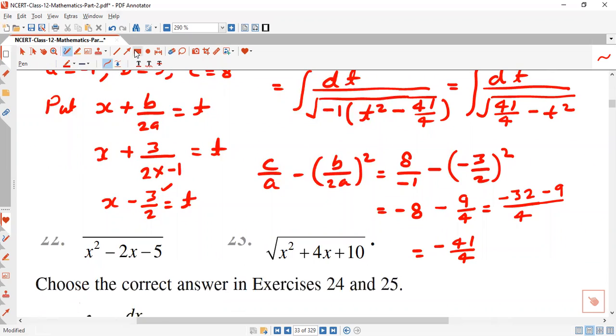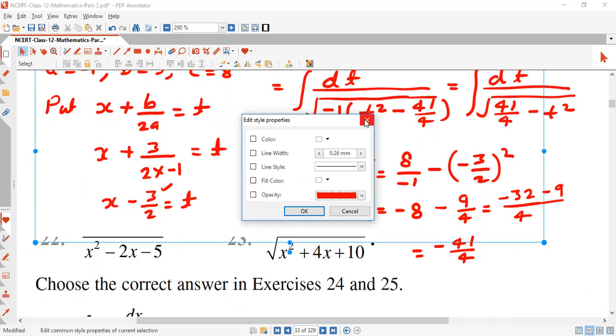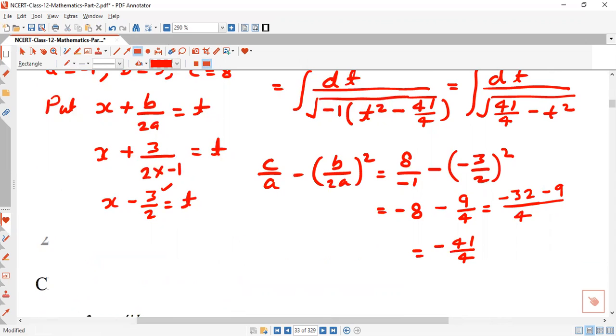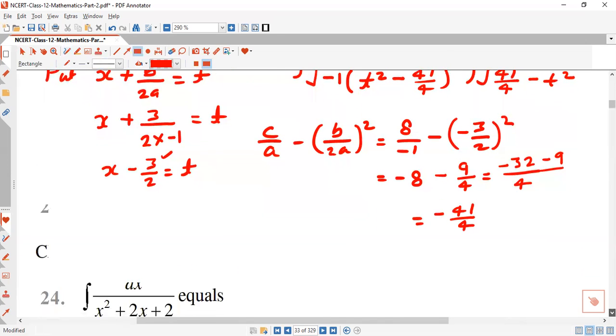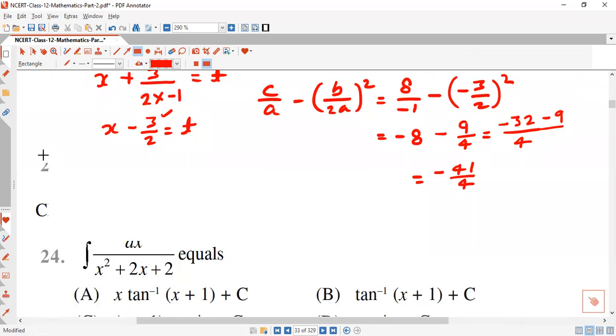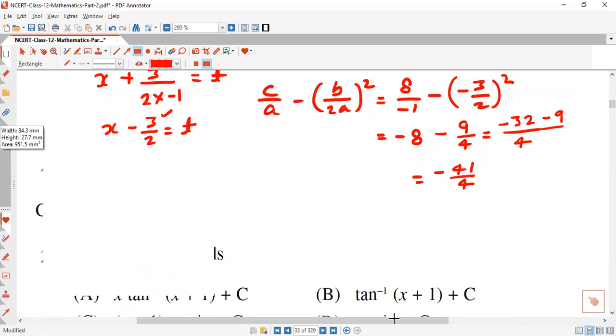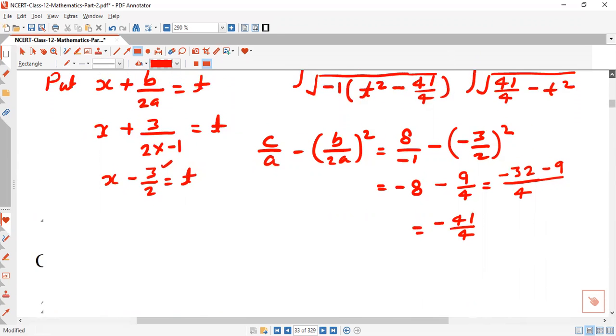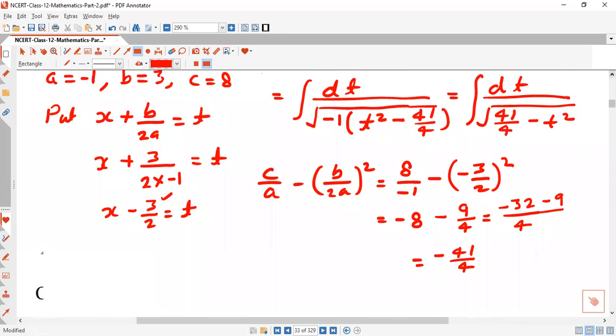We know this is a direct formula, and let me write down the direct formula. The question is this one; we write down the question here.